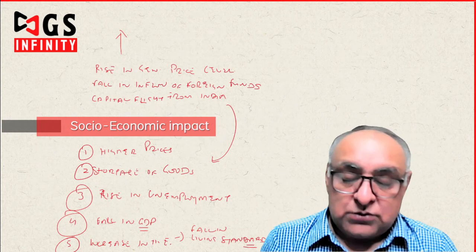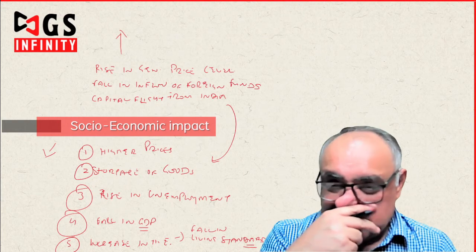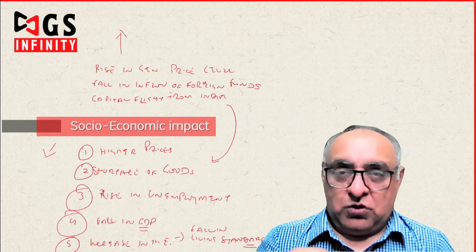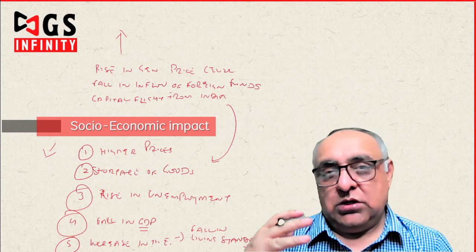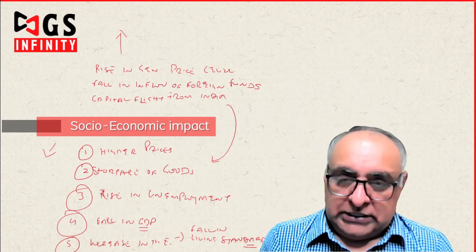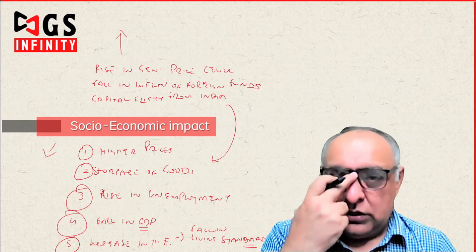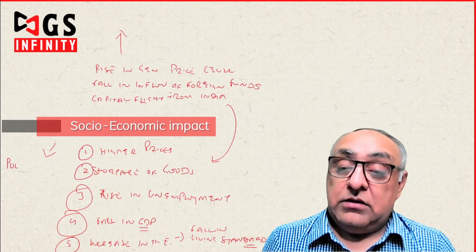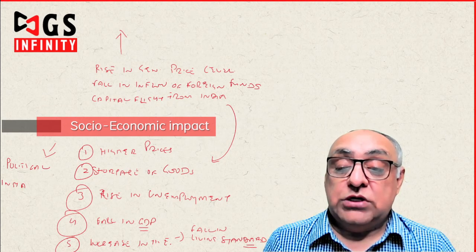So all these things may create a number of socio-economic problems, that is restlessness in society, problems of law and order, and an increase in social evils due to the economic distress on the citizens. And if the socio-economic impacts prevail for long, then those may lead to political instability as well. So these are the impacts in the long run if the situation does not improve.